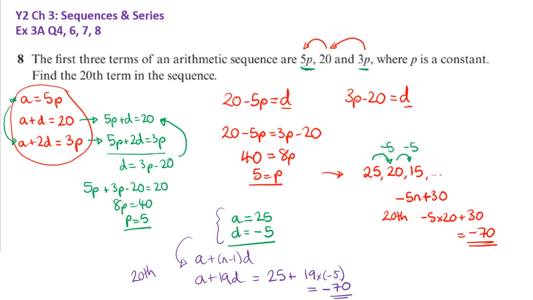So I think your 120 must have been an arithmetic error somewhere. Just note the difference here. P was the 5, and it led to a sequence with a difference of minus 5.